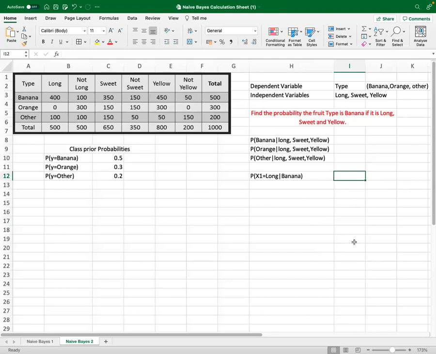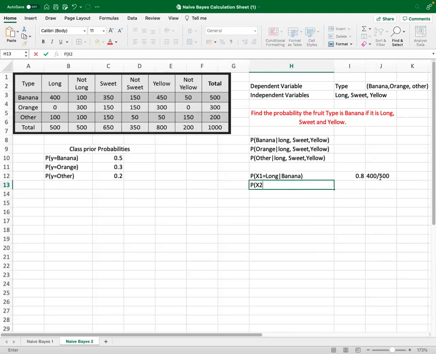So how many bananas are long? 400. What is the total number of bananas? 500. So 400 divided by 500.